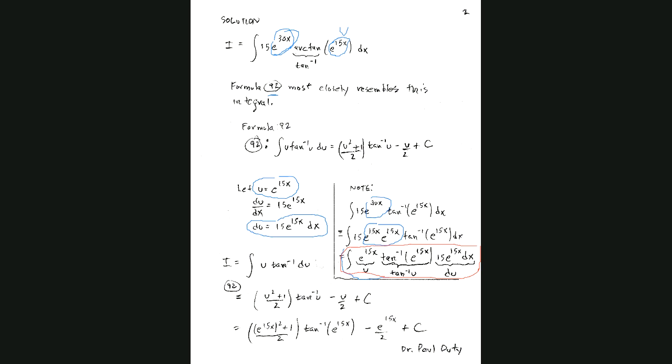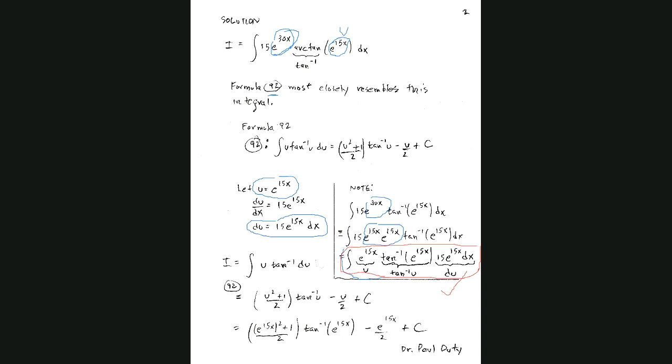Okay. Are there any questions on what you're seeing here on the page? You have to let me know if you're uncomfortable. Yeah, I'm confused how you got the e to the 15x.